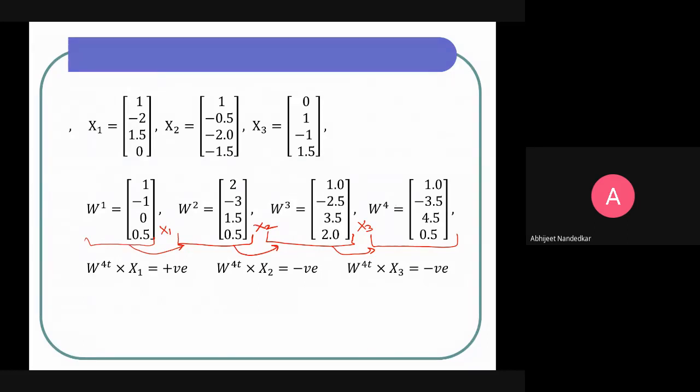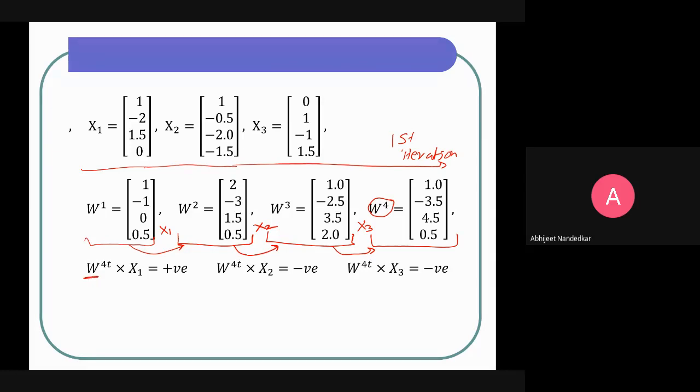So this will be my first iteration. Okay. So with this W4, if I stop training, assuming that I am stopping training after one iteration, then that becomes my final weight.